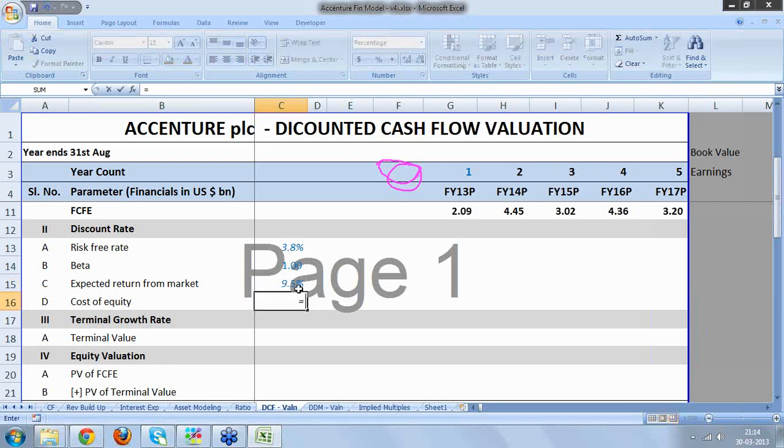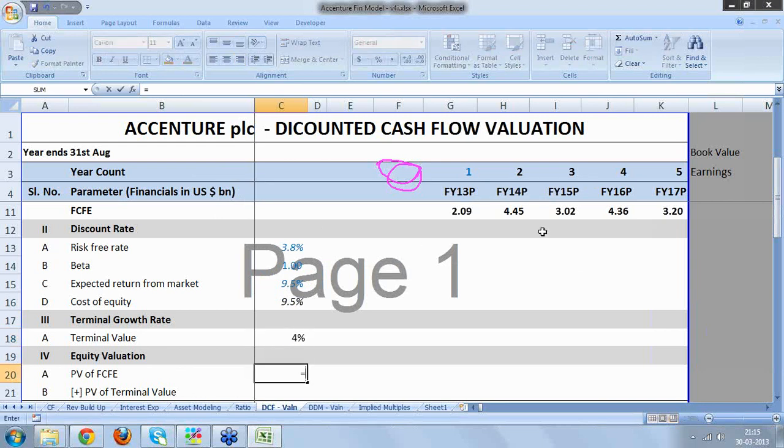So my cost of equity is going to be risk-free rate plus beta times (RM minus RF). So I'll end up getting my cost of equity roughly 9.5%. Terminal growth rate I've already explained, 4%.